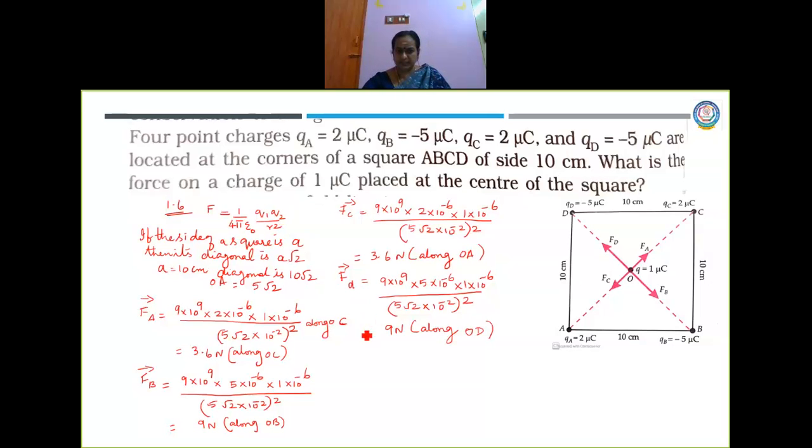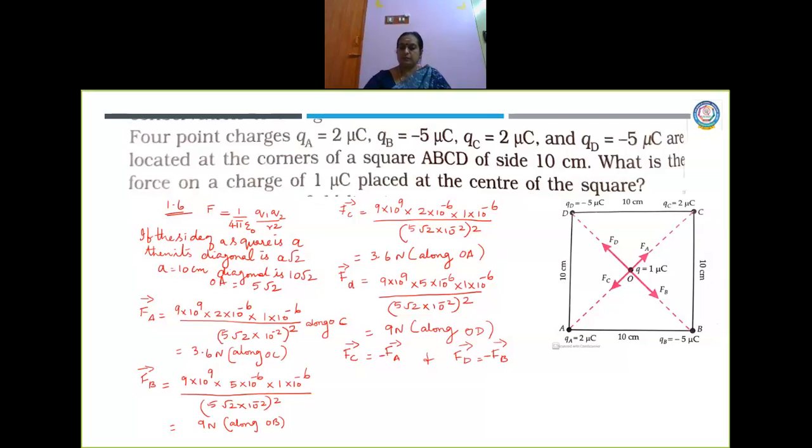Okay. Now I have found out the forces that are existing between the individual charges with the center one. Now I can write the value of FC to be equal to FA, but in the opposite direction. Similarly, FD is equal to FB, but in the opposite direction.